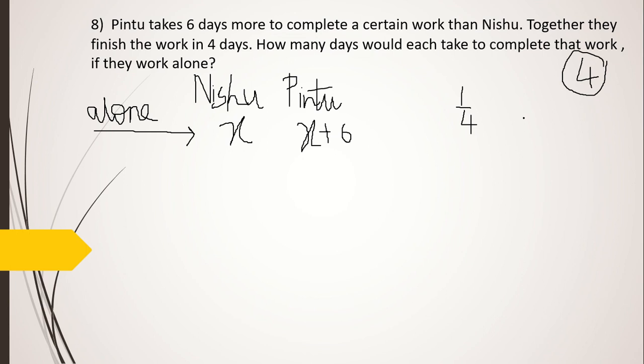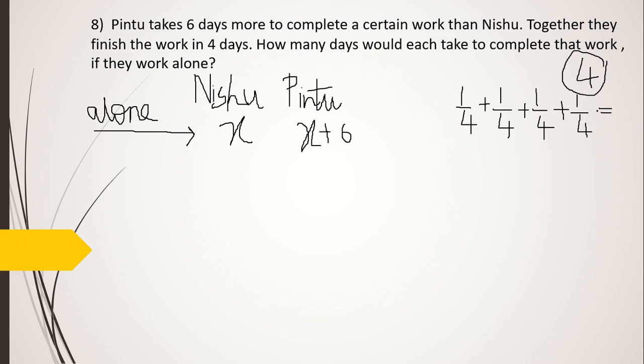In 4 days it is finished, no? So in the first day he will finish 1/4 part, then next day 1/4, then again 1/4, then again 1/4 part he will finish. So like that in 4 days, see that work gets divided. So in one day he finishes 1/4 part.